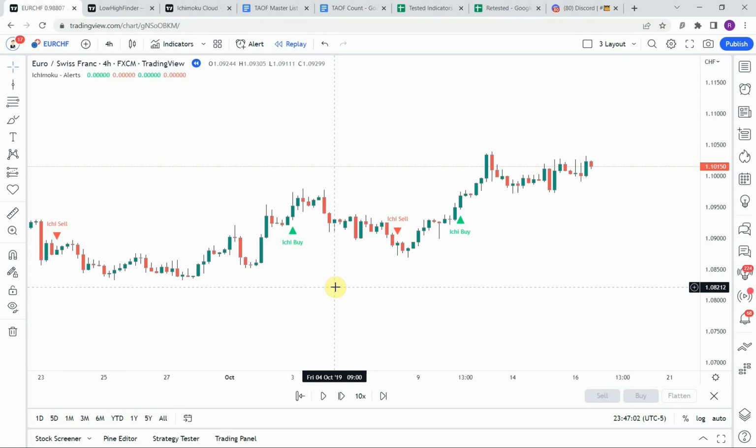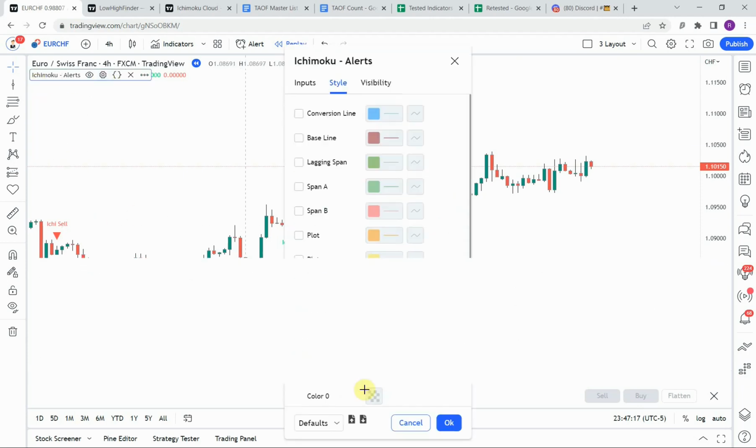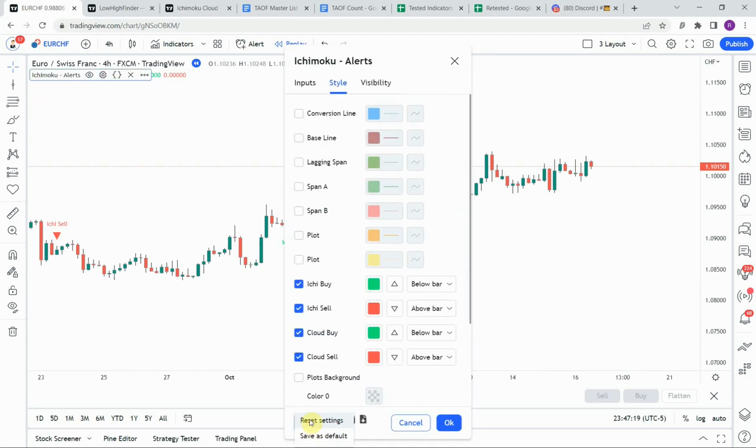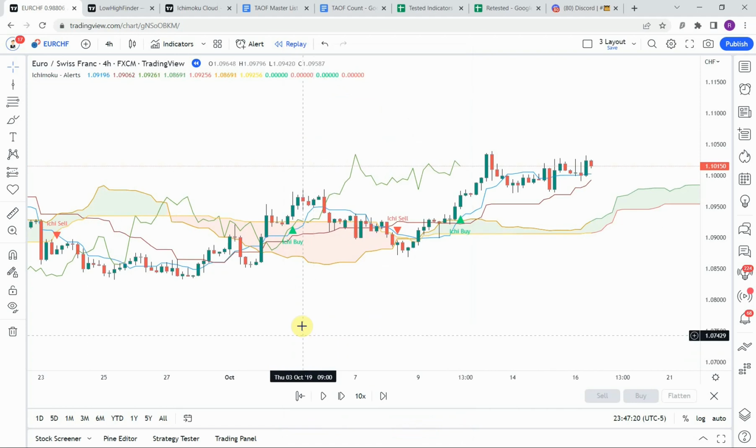Alright, so today we will be looking at an advanced testing of the Ichimoku Cloud Indicator, and this one is specifically the Ichimoku Cloud Indicator with alerts. And so the default indicator looks like this right here. Pretty much your standard Ichimoku Cloud setup.